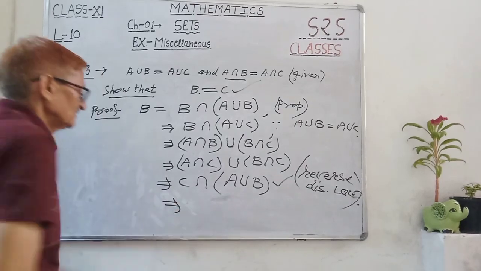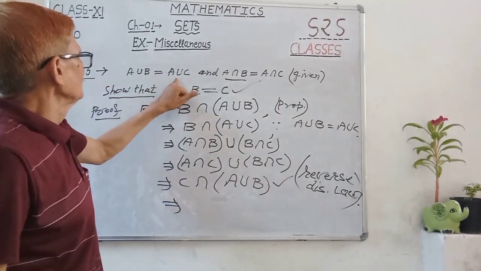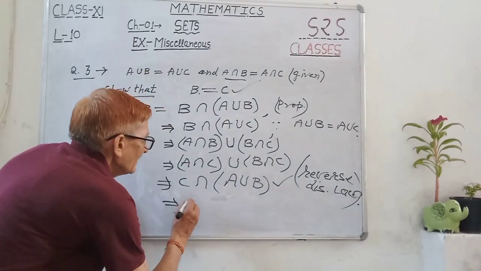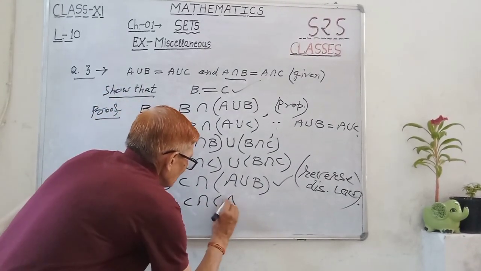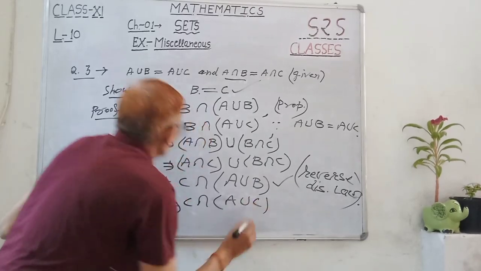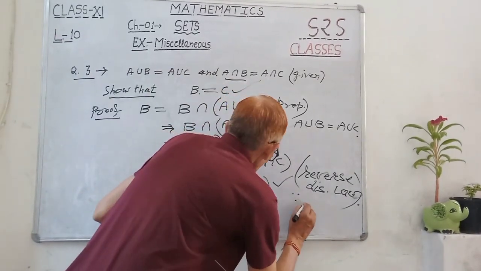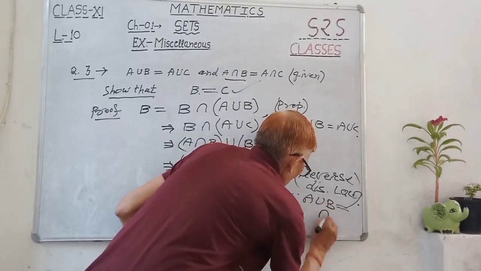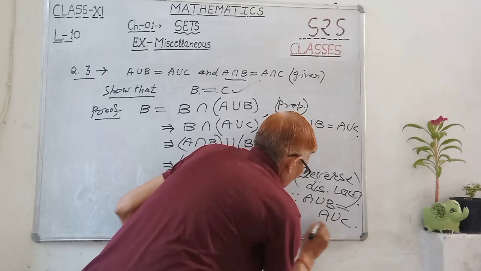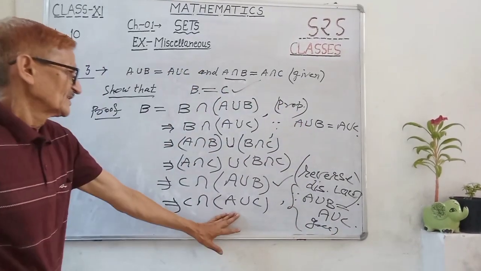After that you see A union B; we can write again A union B is A union C, then C intersection A union C, because A union B is equal to A union C. As a hint you can give: A union B is equal to A union C, given. This we have used here.